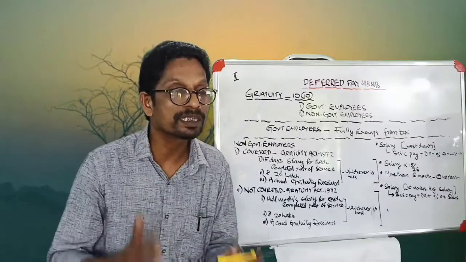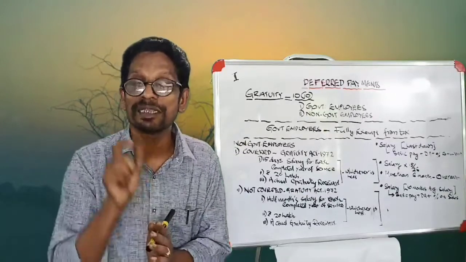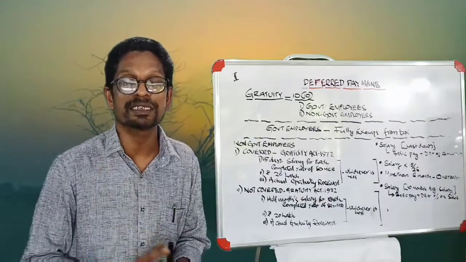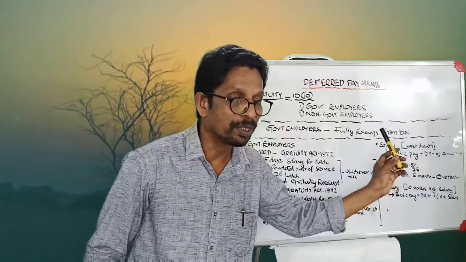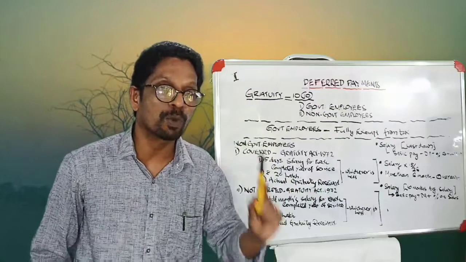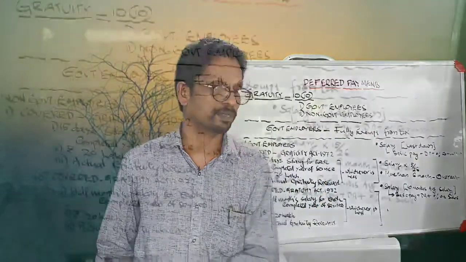In this case, the 7 months are treated as 1 year. Thus his total working years is 27.